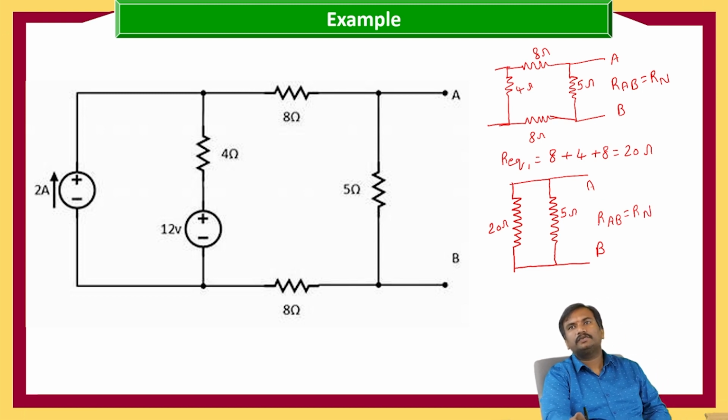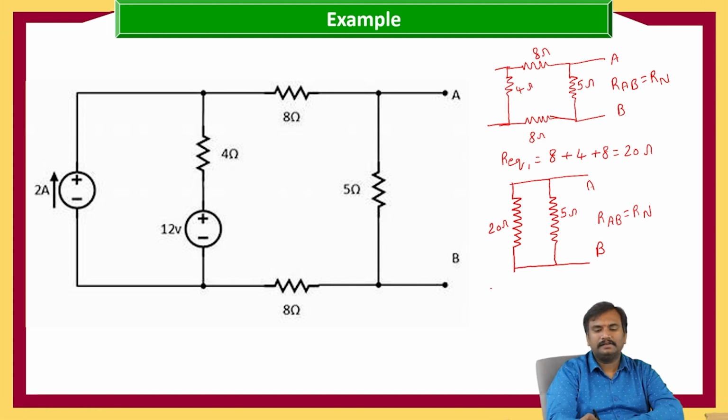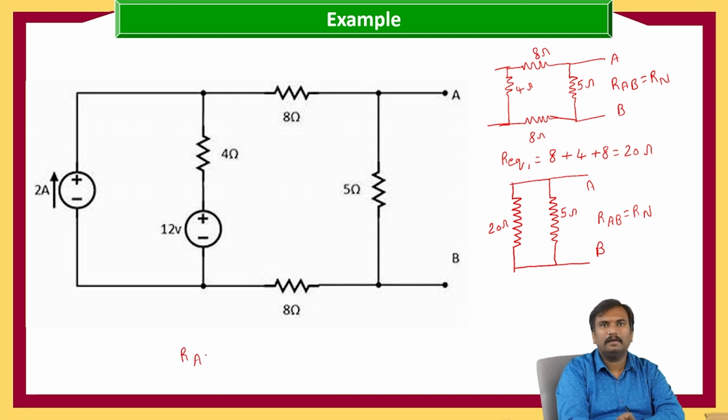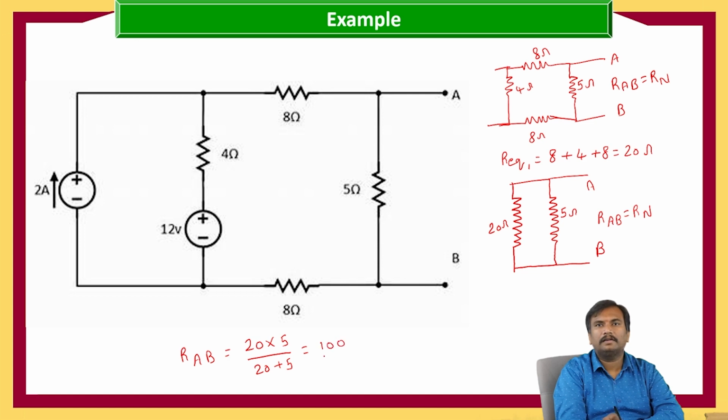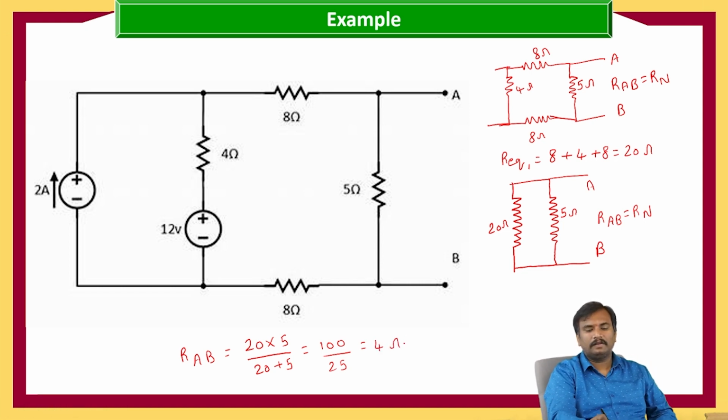If you see between these two terminals, this 5 ohms and 20 ohms are connected in parallel. So RAB is equal to R1 R2 by R1 plus R2, 20 into 5 by 20 plus 5, that is equal to 100 by 25, which is equal to 4 ohms. This is the Rn value, the Norton's resistance value.